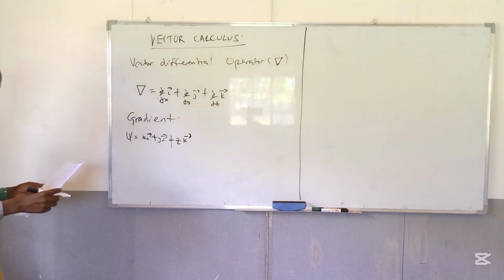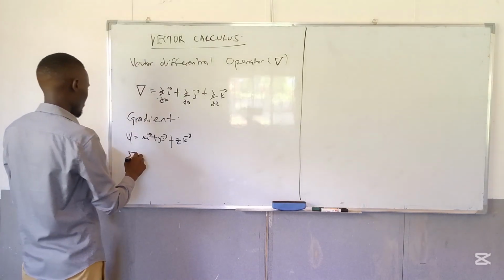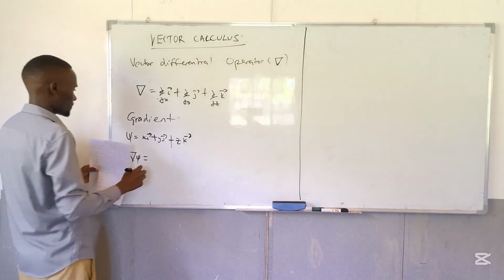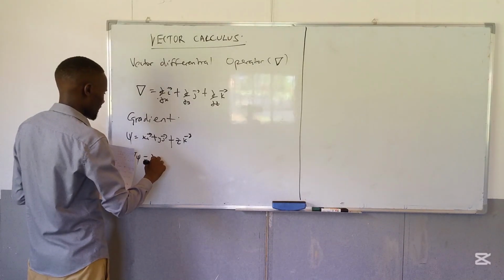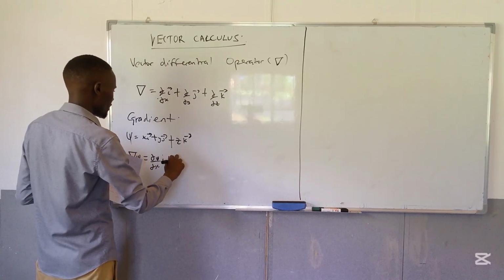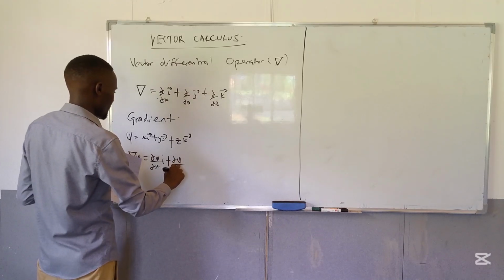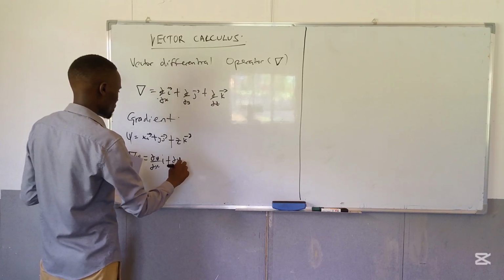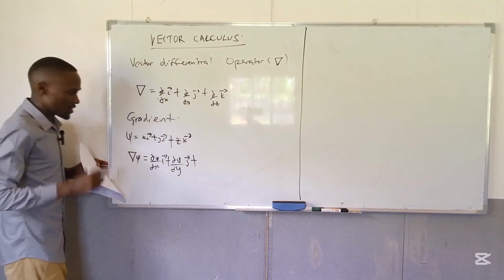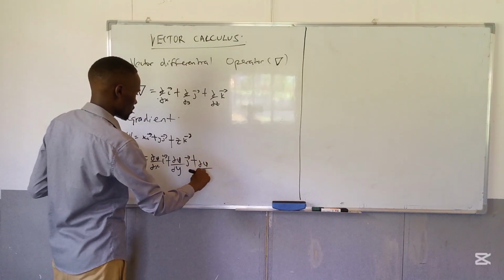So the formula for gradient of phi equals the derivative of phi with respect to x in the direction of i, plus the derivative of phi with respect to y in the direction of j, plus the derivative of phi with respect to z in the direction of k.